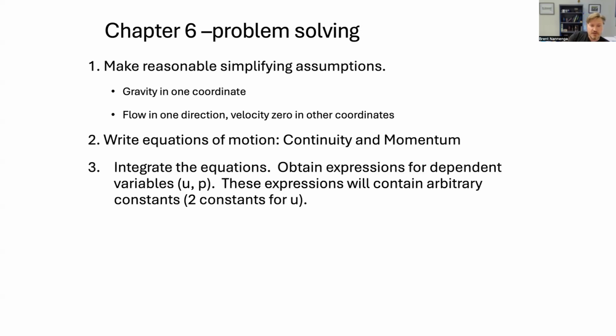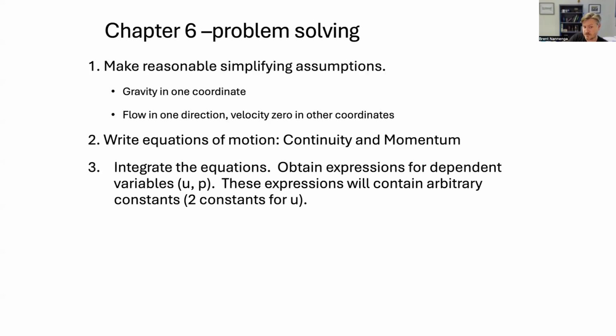You're going to use those assumptions to simplify those equations, and then you're going to integrate the equations to solve for the dependent variables, pressure and velocity mostly. These expressions are going to contain arbitrary constants because we're integrating, and remember, when you integrate, you have some constant terms fall out. If you remember the Navier-Stokes equations, there were second derivatives in there, so that means we're going to integrate twice.